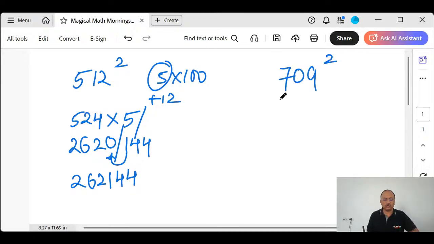709 whole square. Deviation is just 9 from 700, where 7 is the base, 7 is the sub base.